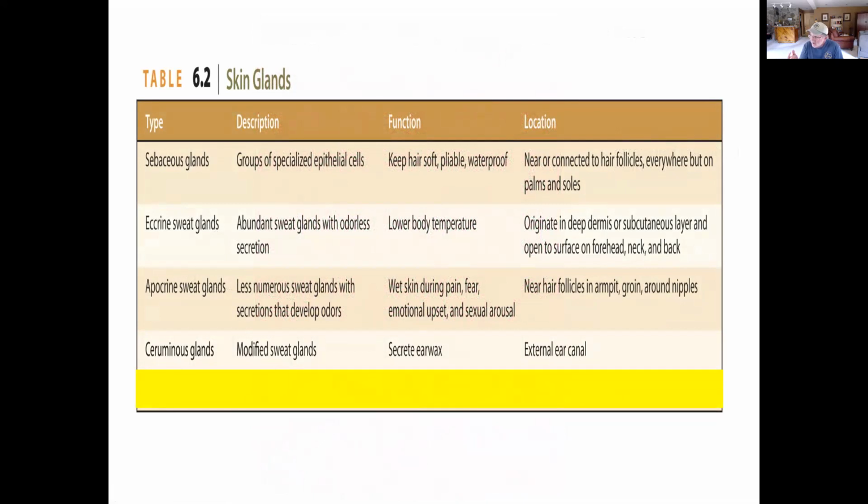So if you ever use a cotton swab to clean out your ears, which you technically shouldn't do, doctors will tell you don't do that. But if you've ever done that, that yellow orange material at the tip of the cotton swab, that's earwax produced by ceruminous glands, which are technically modified sweat glands, interesting, in the external ear canal.